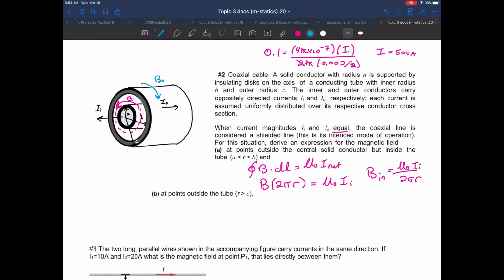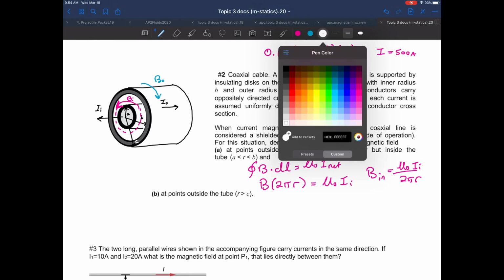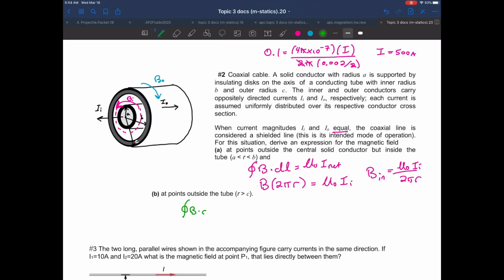Now let's take B outside. When we set up Ampere's law, you're going to have two currents inside to consider. So the integral of B dot dl is mu naught I net. Here we're going to make an Amperian loop, B times 2 pi r, just as we always do. r will now be outside the tube, mu naught.